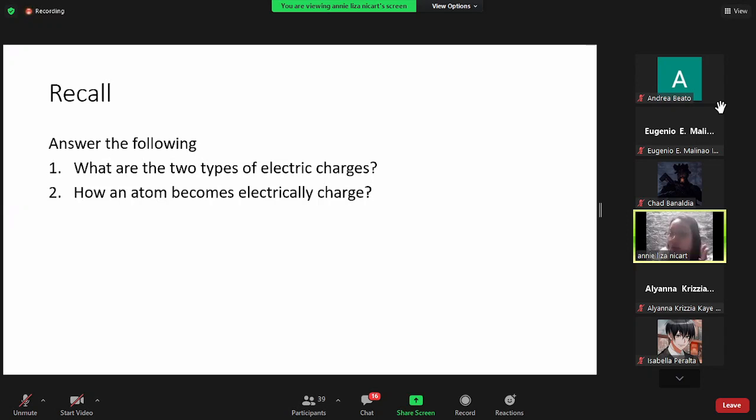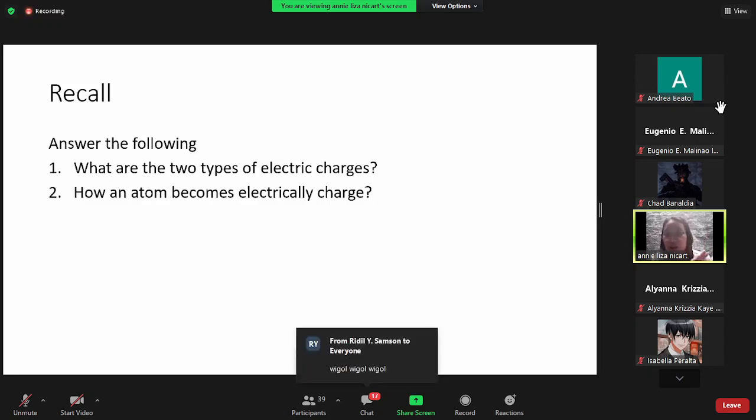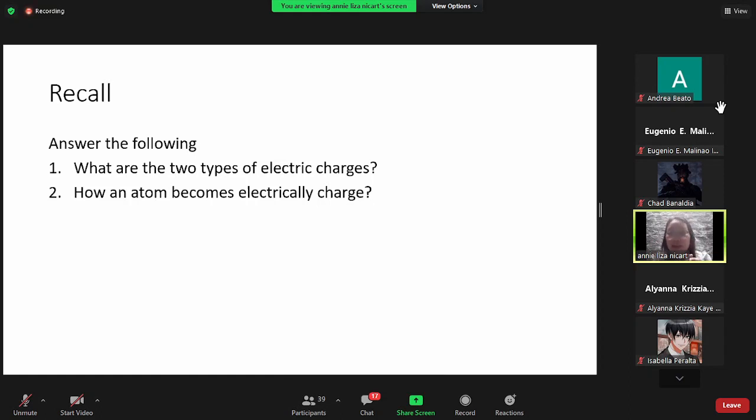Okay, through rubbing, kapag nagra-rub ka ng material, or kahit lang sa palm mo, you can remove some of the electrons in your palm and they may transfer from one material to another. Especially kapag magkaiba yung kanilang electronegativity, ibig sabihin magkaibang material sila, like paper and wood or cloth and plastic.